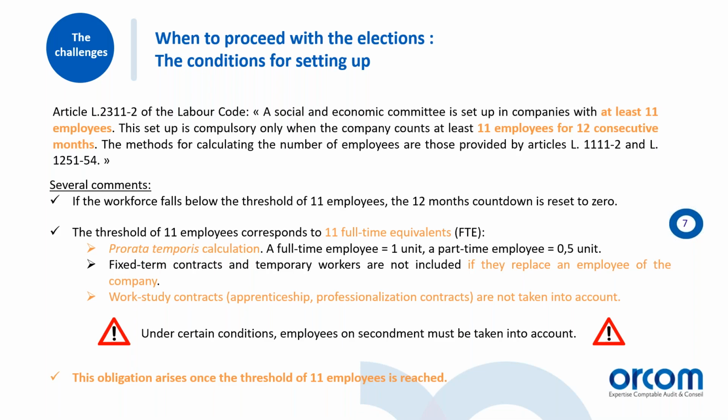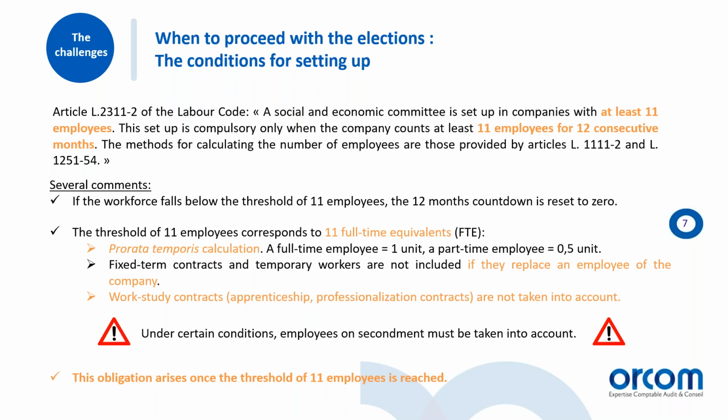The threshold of 11 employees corresponds to 11 full-time equivalent employees. It means that you have to do a pro rata temporis calculation. A full-time employee is counted as 1 unit, and a part-time employee will be calculated as 0.5 units.